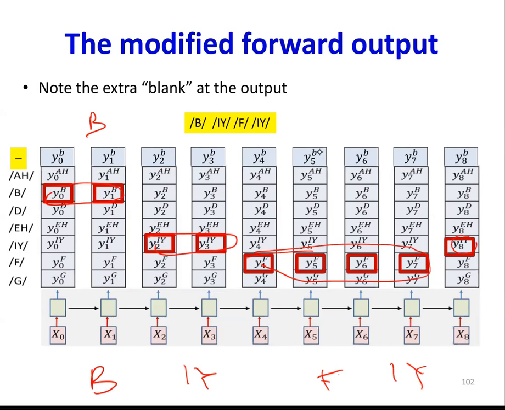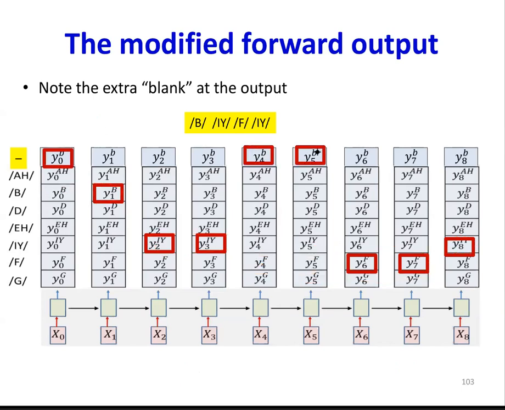But suppose this was my greedy decode, then what does this compress to? Anyone? It's still the same. The first blank will go away, right? I'm going to get B, I'm going to get E. These two blanks will disappear. I'm going to get F, I'm going to get E, right? So you can see how this works. What about this guy?